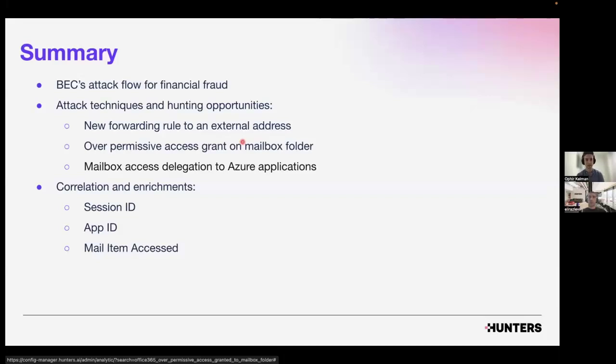Later on, we delved into the attack techniques and hunting opportunities. Specifically, we chose to show three detectors. The first one was new forwarding rule to an external address. The second one was over permissive access grant on mailbox folder. And the third one was mailbox access delegation to Azure applications.